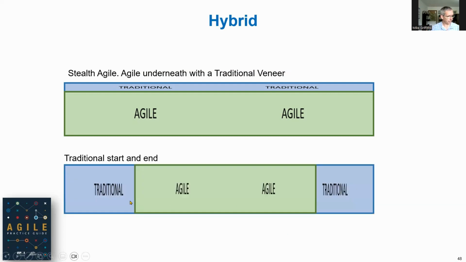Or it might be more of this encapsulation model, right? Where there's a traditional kickoff, maybe there's quite a formal evaluation and return on investment study, and then a formal charter. And then we can let the team go be an agile team. And then at the end, we have to produce a lot of documentation around handover to support or something like that.